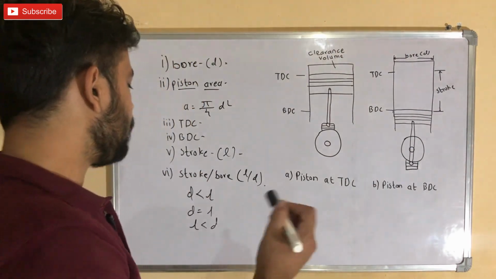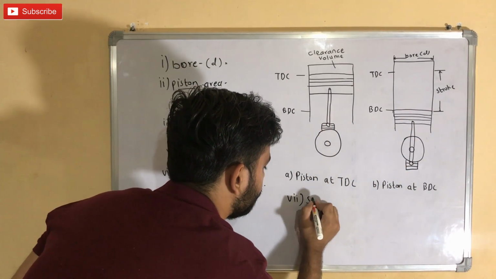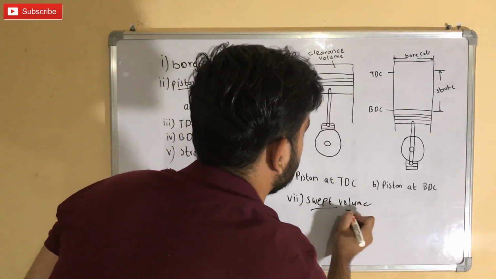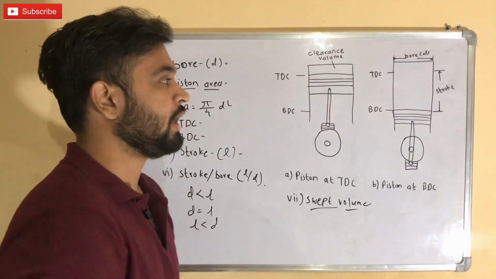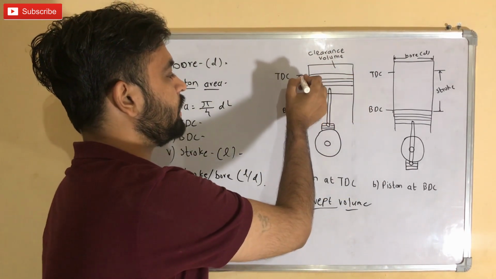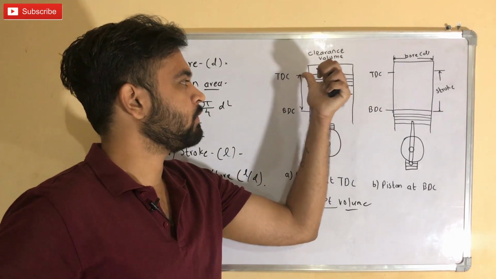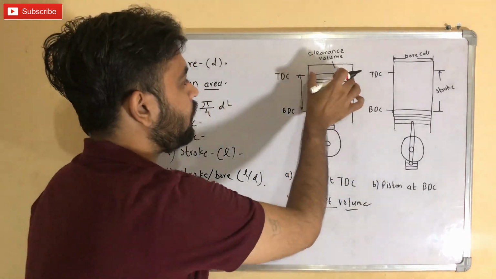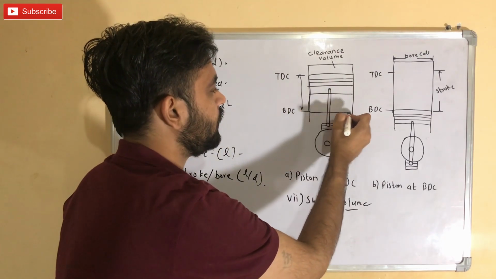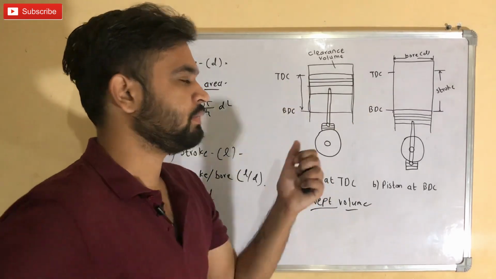So our next important topic is swept volume. Swept volume is nothing but the volume which is occupied whenever the piston moves from TDC to BDC. The total volume covered during one stroke of the piston is known as the swept volume.